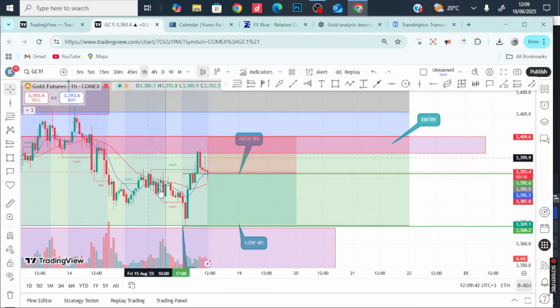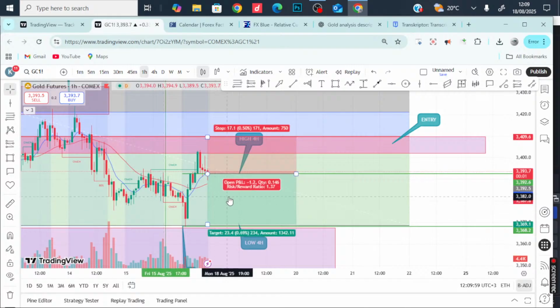But since there is a change of character, that's a clear indication for me that the market is going on a downward trend. It's trying to consolidate, but I know clearly we are supposed to take some sell positions from there. A risk to reward of 1:3.